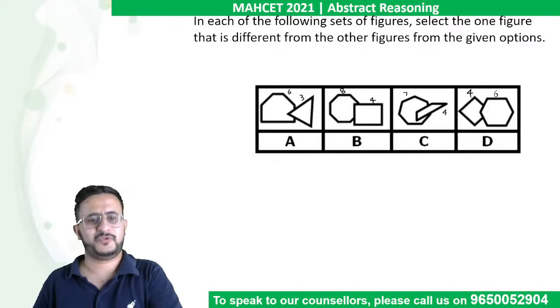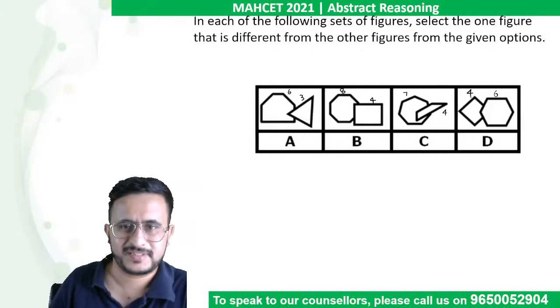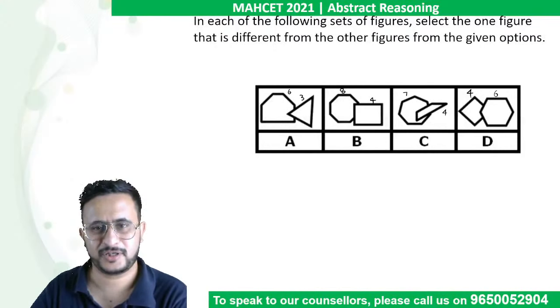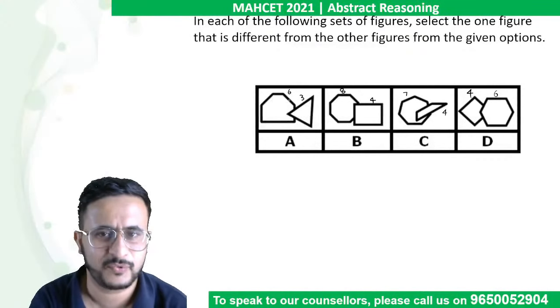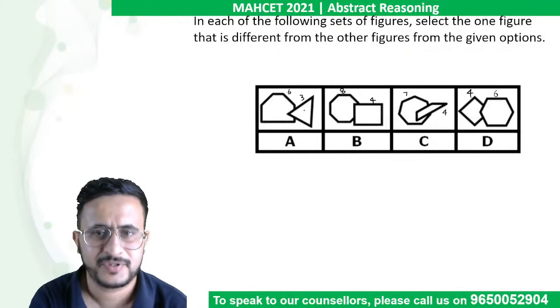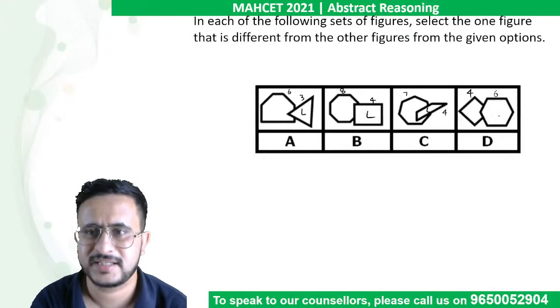Interesting. Okay. So see this, right? You are talking about inside, outside. See this, the figure which has more sides. If you see this side, which is coming in front with fewer sides, right? This has fewer sides, this has fewer sides, this has fewer sides, this has more sides.